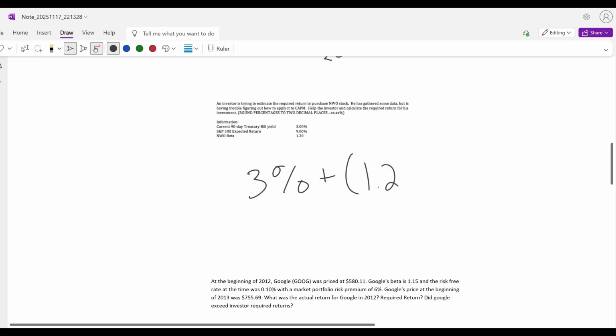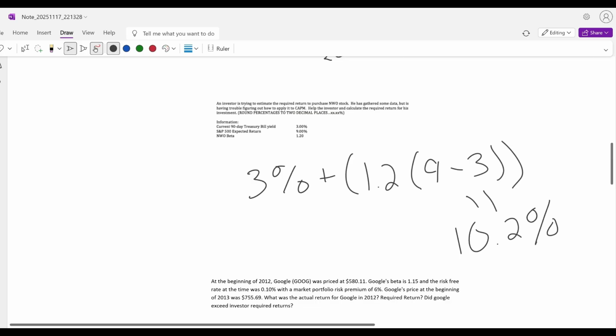So that means your market risk premium is 9 minus the 3%, because you can get 3% almost guaranteed from government bonds. And so that risk premium is everything investors expect over that bare minimum floor. And so when you put that into your calculator, you get 10.2%.